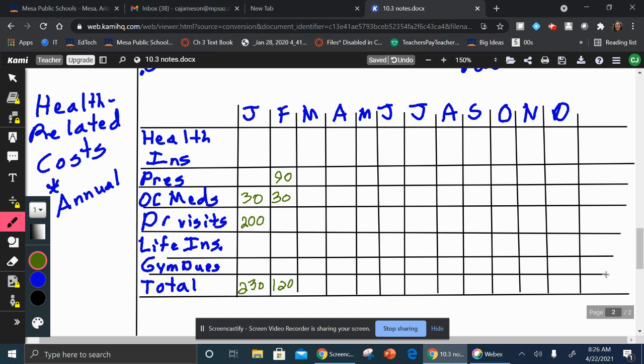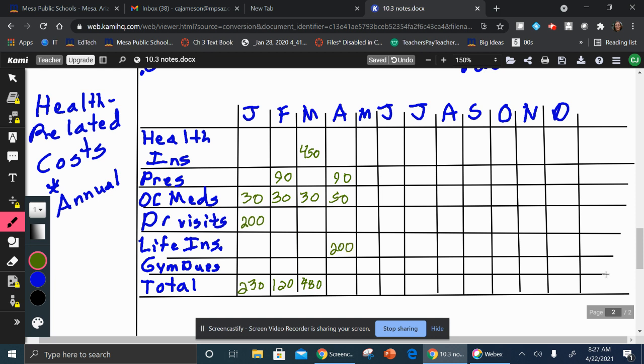Insurance. So we had to pay the health insurance. So we pay every quarter, so $450. Over-the-counter meds, $30. So that would be $480. Okay. And then for April, prescriptions were $90. Over-the-counter meds were $50. Life insurance was $300.